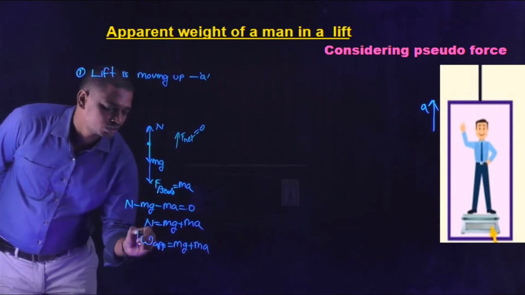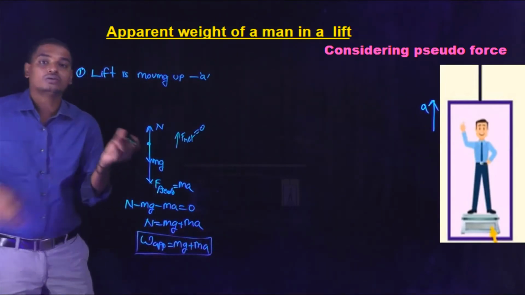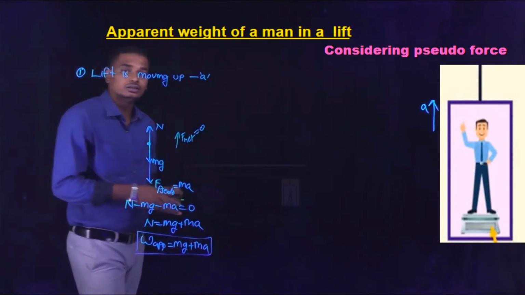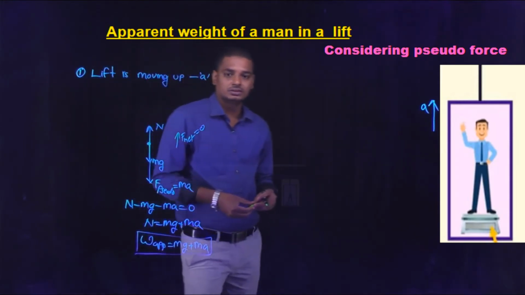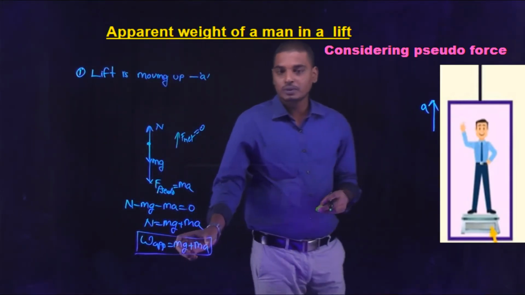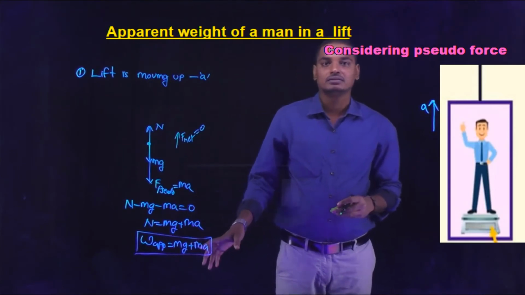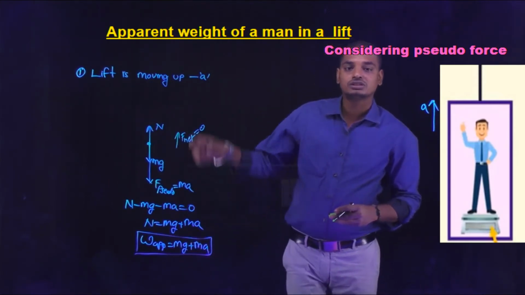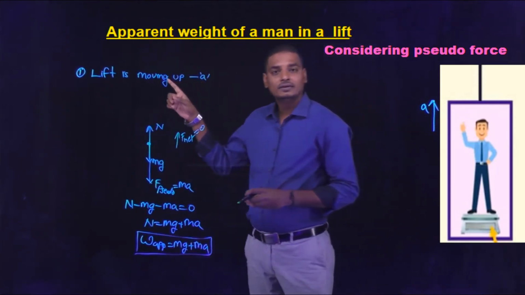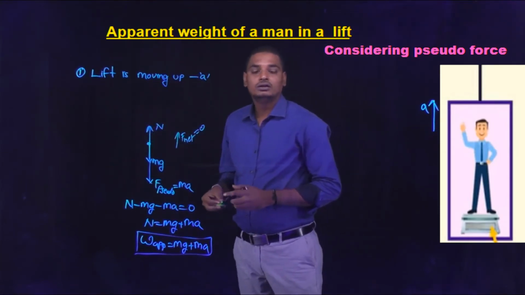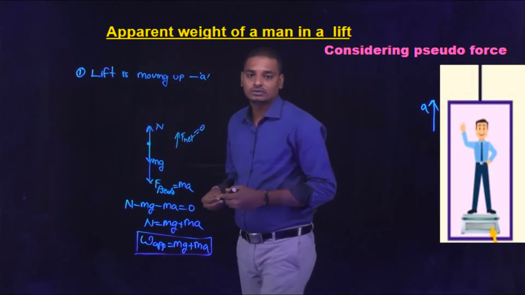This is similar to the case we considered before in the inertial frame of reference. The apparent weight of the man is greater than the actual weight, and the expression is the same as the one without considering a pseudo force.